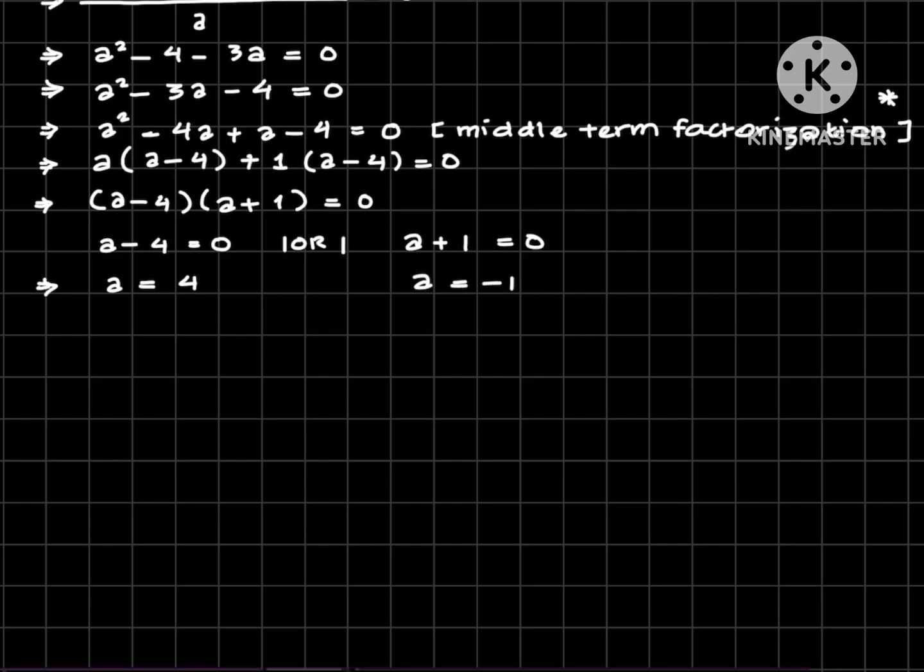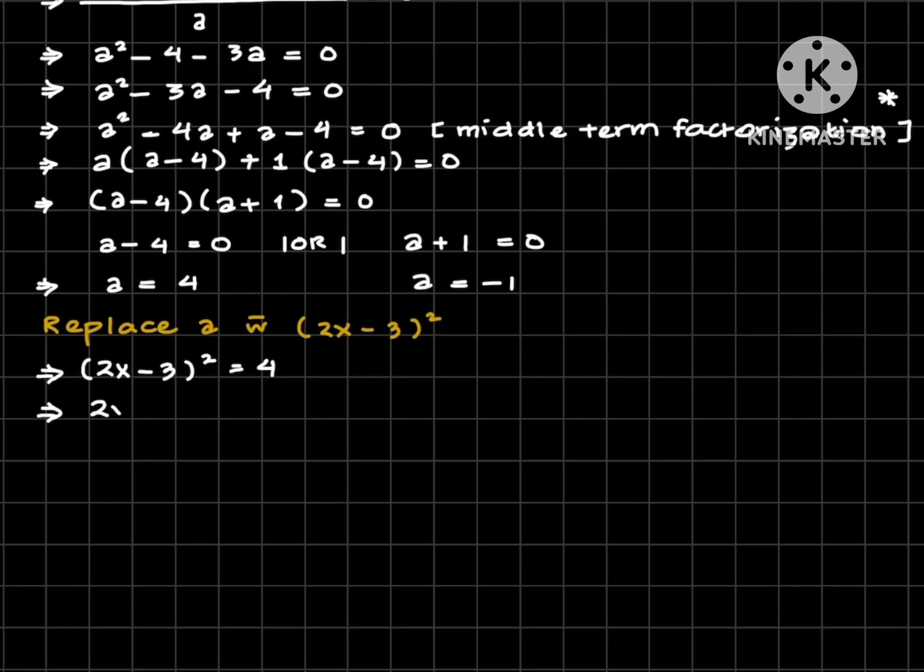Now we are going to replace a with whatever it was that we substituted it with. So replace a with (2x - 3)². That will give us (2x - 3)² = 4.